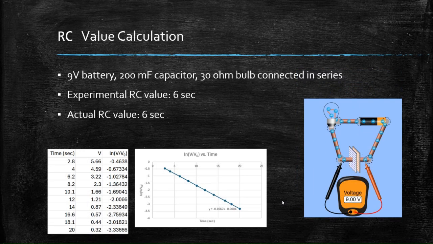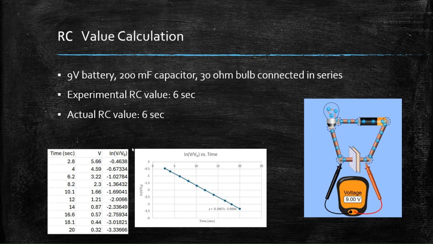Now for this next step, I used essentially the same RC circuit as in the last step, except with a 30 ohm bulb. I gathered all this data in the simulator, using the stopwatch in the simulator to create this graph of ln of the current voltage over V0, which was 9 volts, versus time, and then used the slope of this graph to find the experimental RC value, which was 6 seconds, as you can see here.